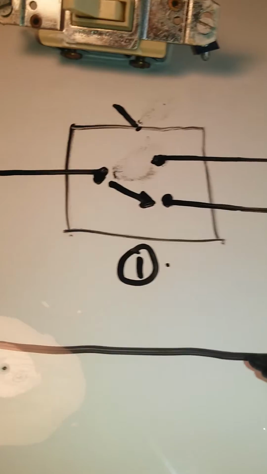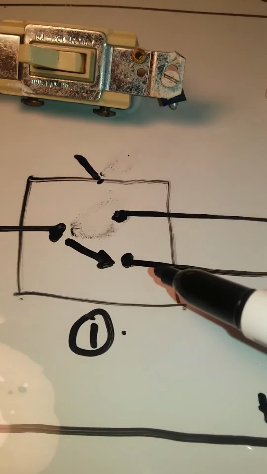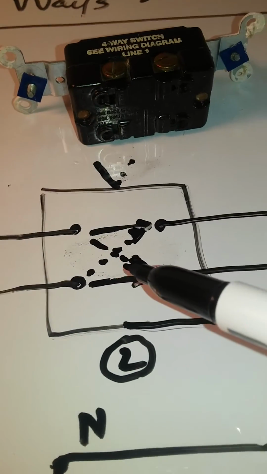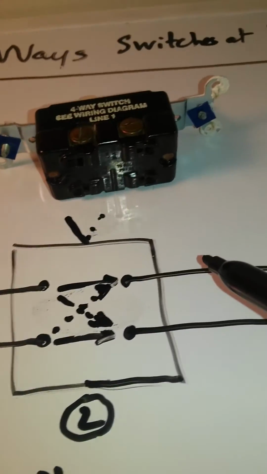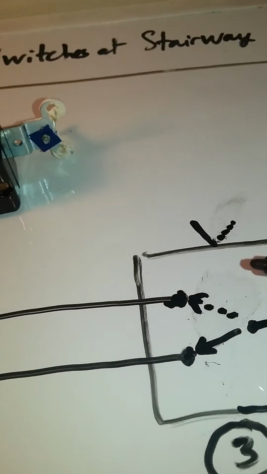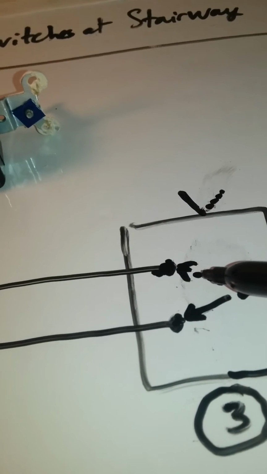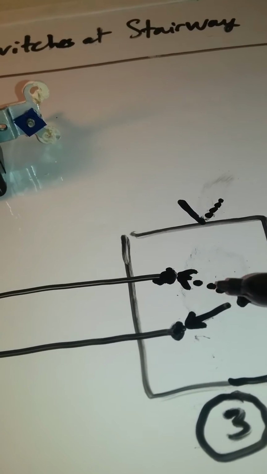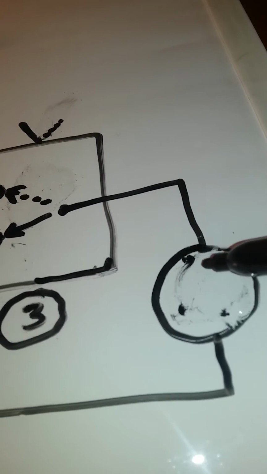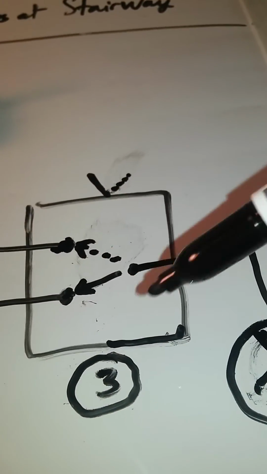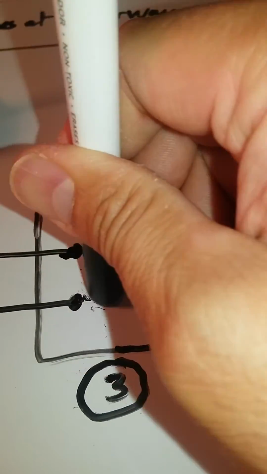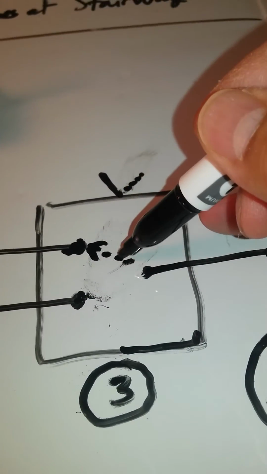The circuit passes switch number 1, passes switch number 2 this way, and passes switch number 3 in the new position this way, and goes to the light, so the light is on. And now in number 3, the connection should be like this.